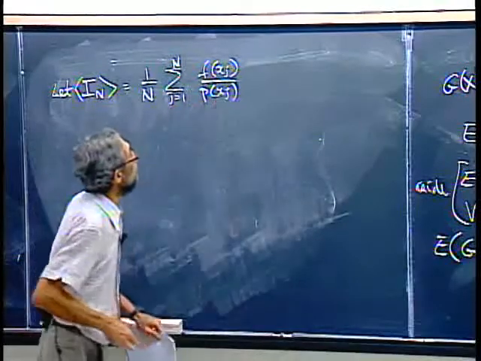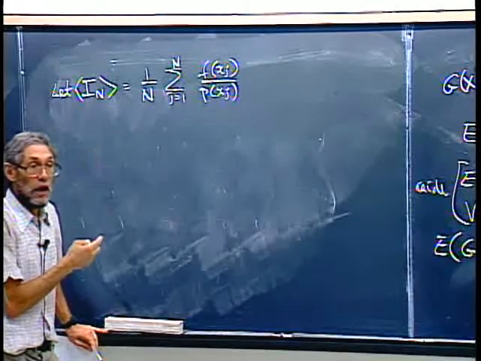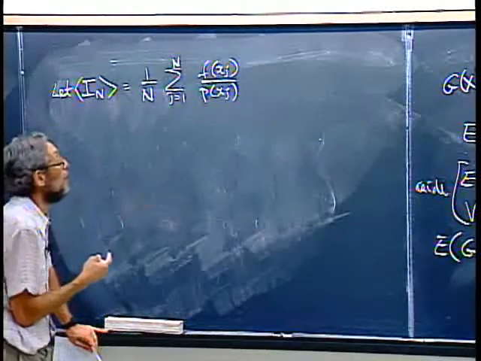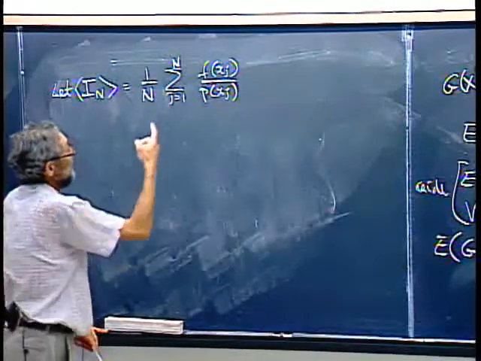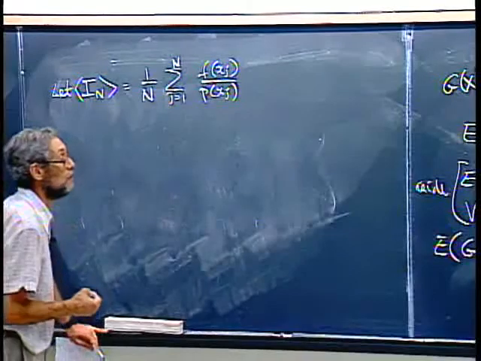So now you choose n random numbers. In our case, they're one-dimensional, so they're just floats, single numbers. And you take the average of the values you get of f over p of x.